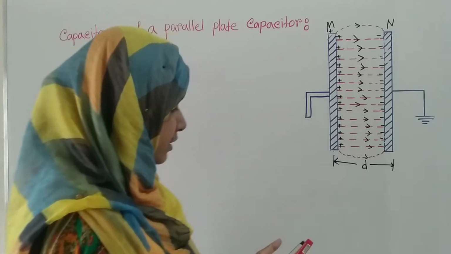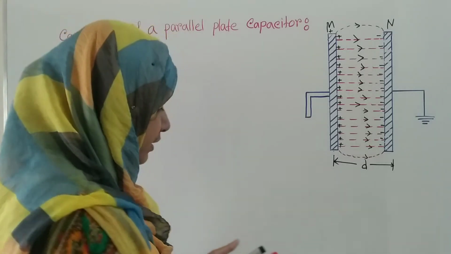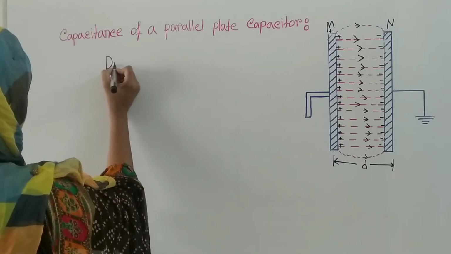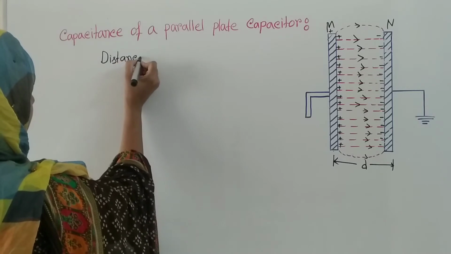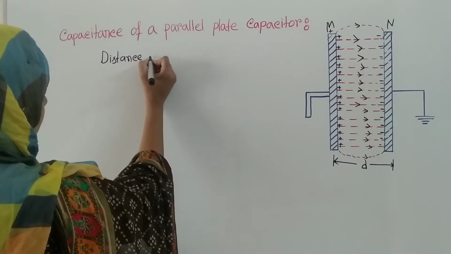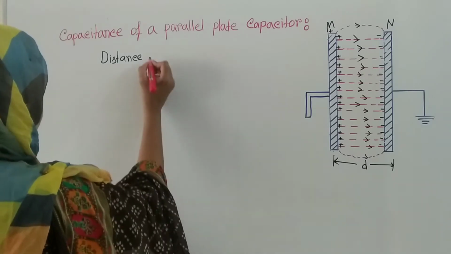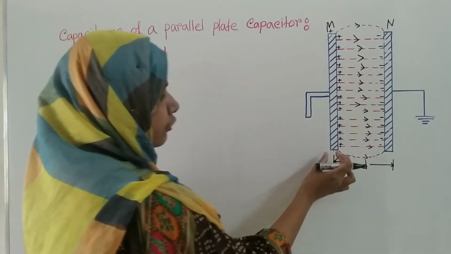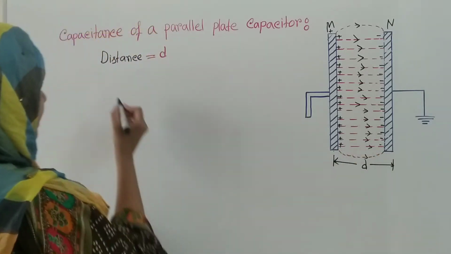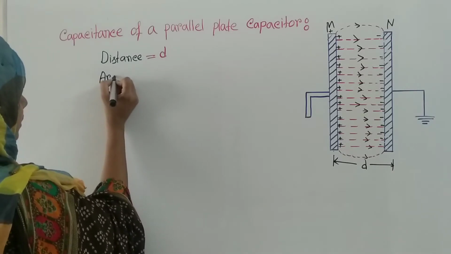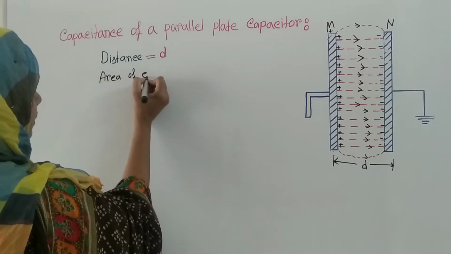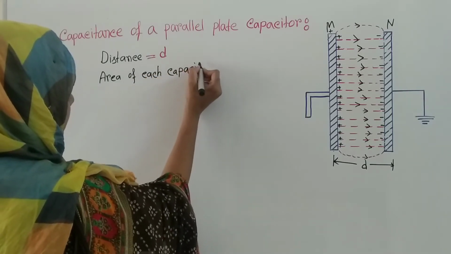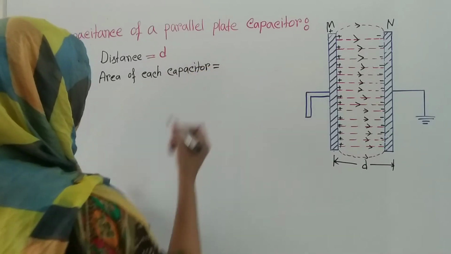Here you can see that the distance between these two plates is D. Now suppose the area of each plate is equal to A.